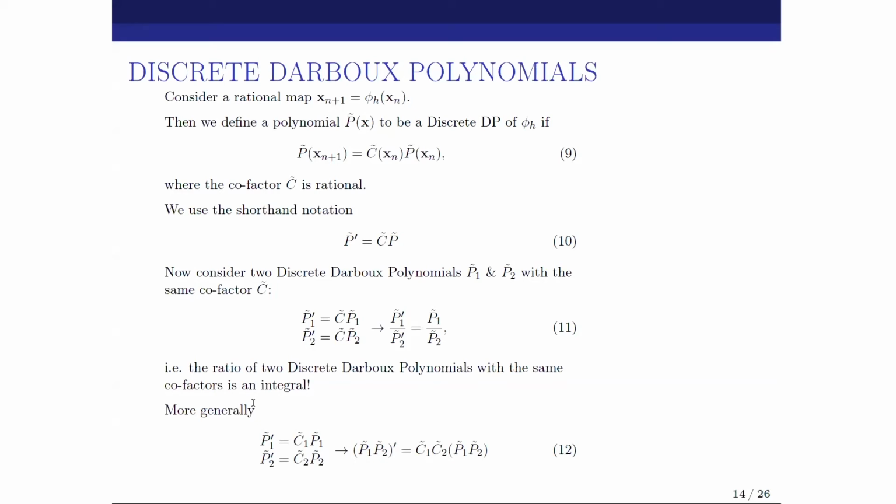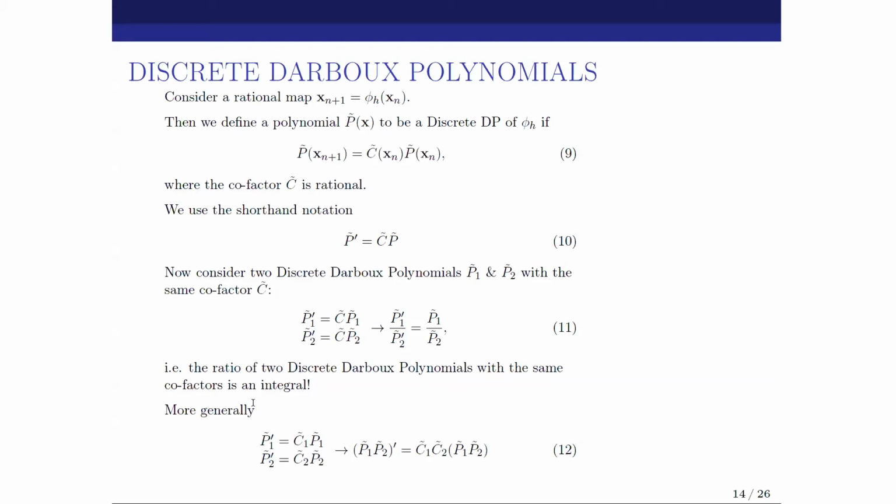The prime for the loop point and the unprime for the whole point. And here I wrote down it's the same for the discrete case as it is for the continuous case. The ratio of 2 double polynomials with the same cofactor is going to be an integral.